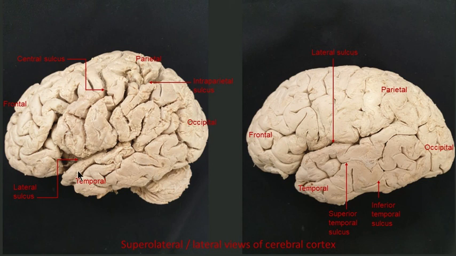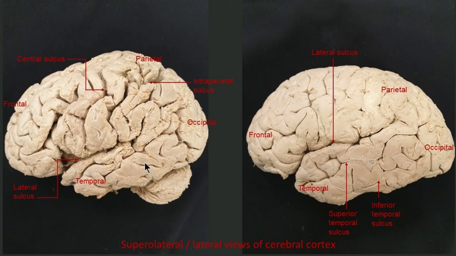The superior temporal gyrus is in between the lateral sulcus and the superior temporal sulcus, and then the middle temporal gyrus lies between the superior temporal sulcus and the middle temporal sulcus. For some reason, it's called the middle temporal sulcus. Well, in fact, we've got only two sulci, so this could have been called the inferior temporal sulcus.